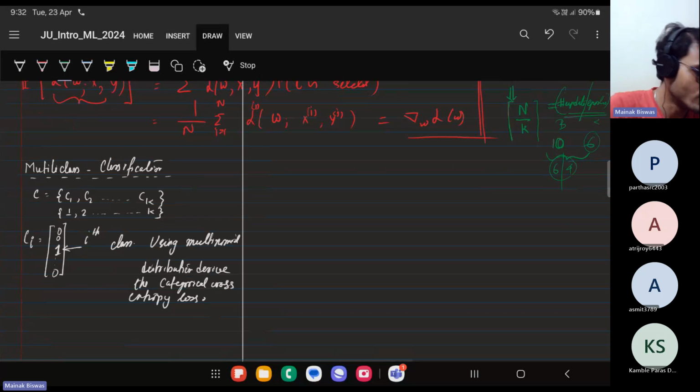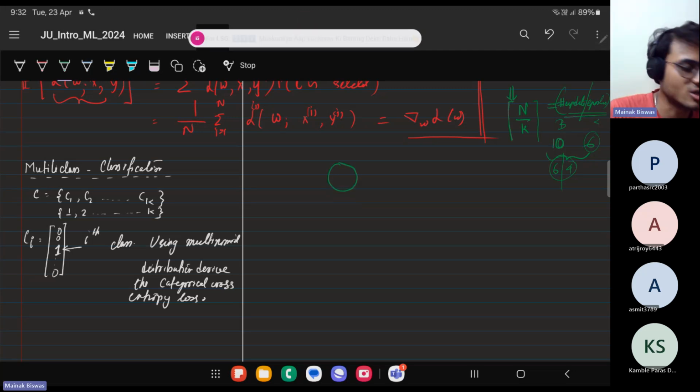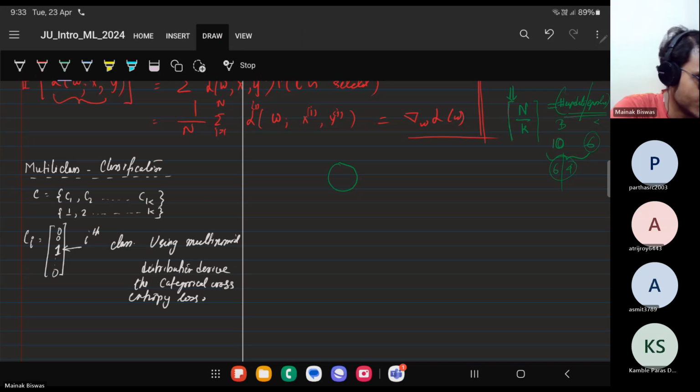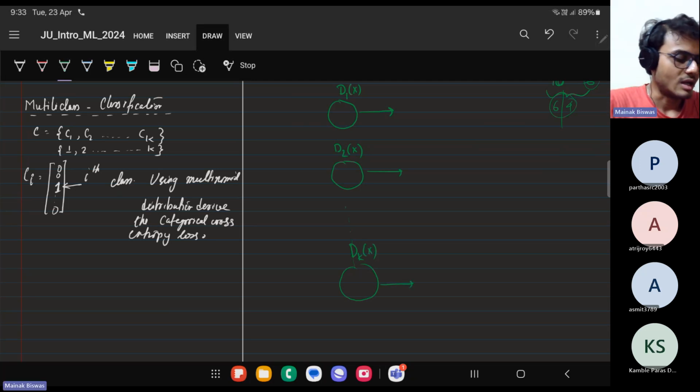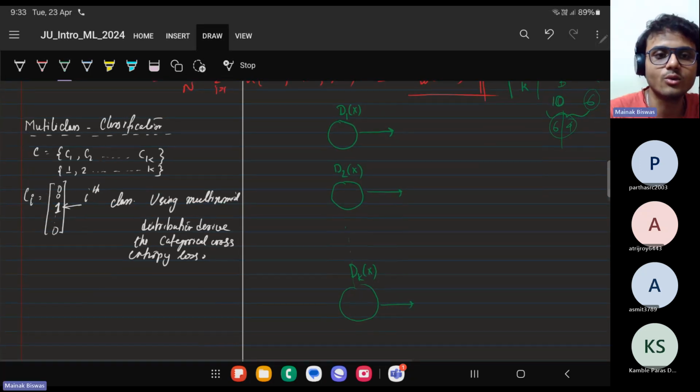Now what will I have to do? Do you remember the discriminant function that we did? Say I have K classes: d1 of x, d2 of x, up to dk of x. I want each of them to give me the probability of y equal to 1 given x and theta.